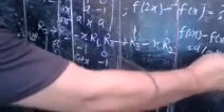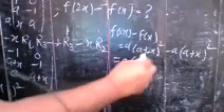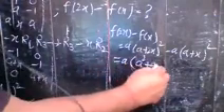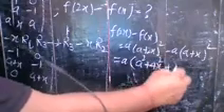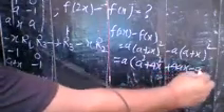So f(2x) minus f(x) is equal to a into (a plus 2x) whole square minus a into (a plus x) whole square. Taking a common and expanding, you have a square plus 4x square plus 4ax minus a square minus x square minus 2ax.